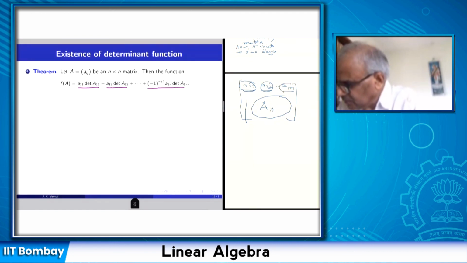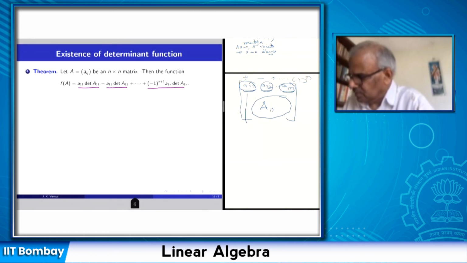I'm looking at the last entry in the first row, and then remove the first row and the last column. I get the submatrix A1n, and I multiply the determinant of A1n with A1n and put a sign. The sign is alternating. We have plus sign here, minus sign here, and so on. The last sign will be (-1) to the power n plus 1.